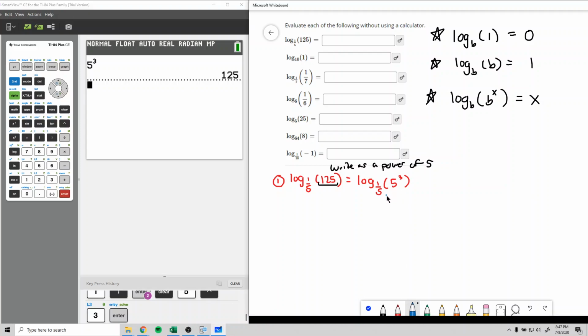Now the reason we do this is now the base and the inside are flipped. And remember the exponent rule: if you flip something, then you make the exponent negative. So we flip 5 to 1/5, we have to make the exponent negative.